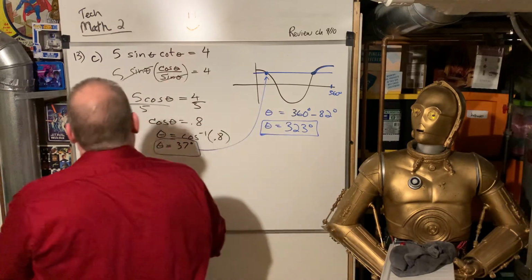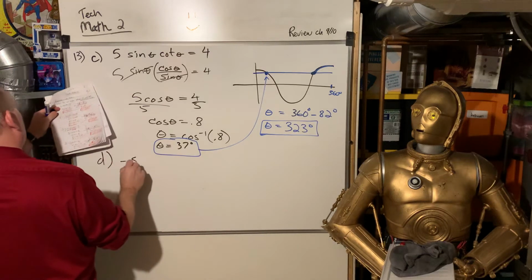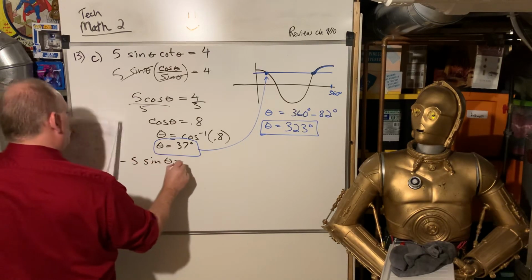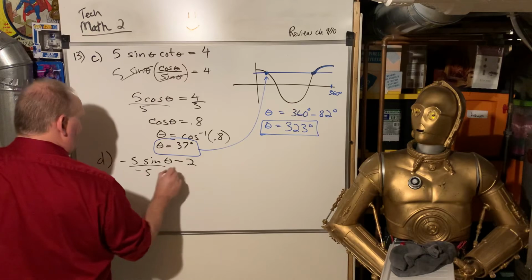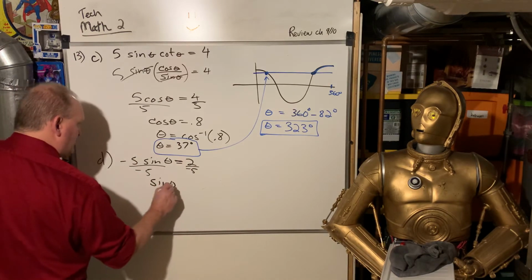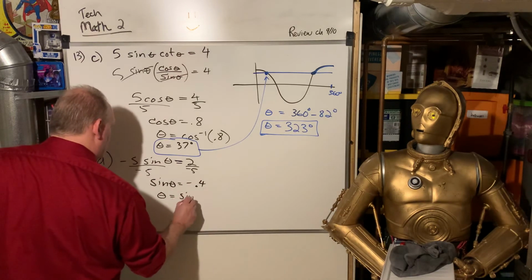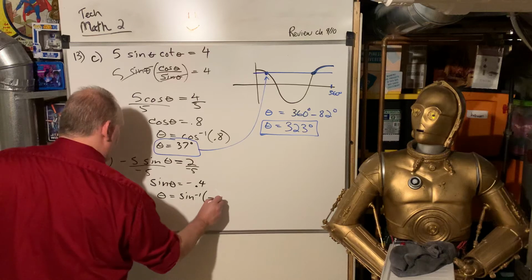Okay. Then we got 13D. Negative 5 sine theta is equal to 2. Divide by negative 5. So sine theta is equal to negative 0.4. So theta is equal to the arc sine of negative 0.4.